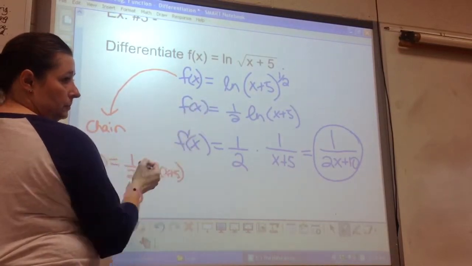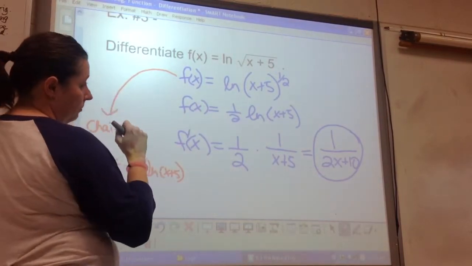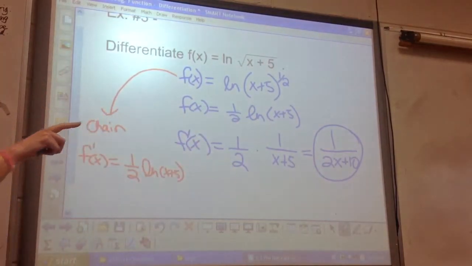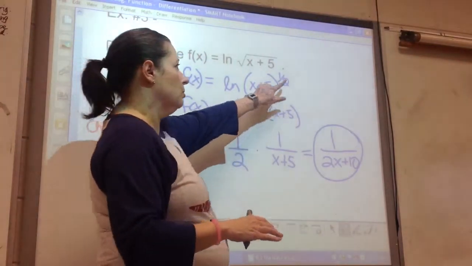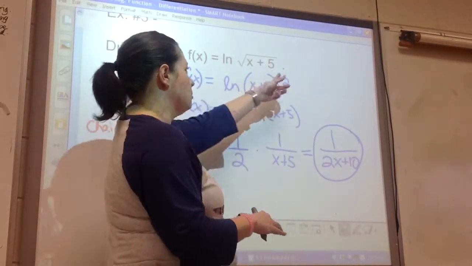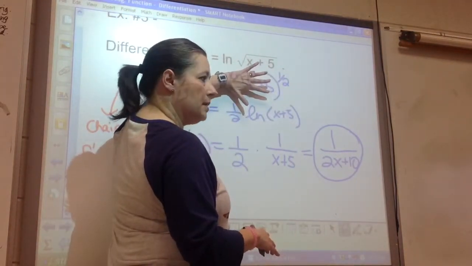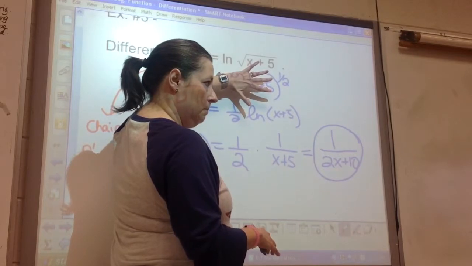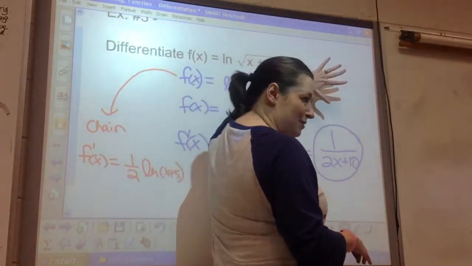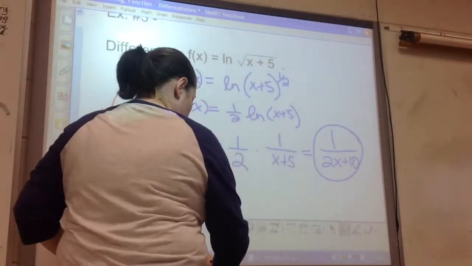I thought we'd just leave off the ln of x. Here's the issue, and this is probably the answer to this question. Because in chain rule, you drop it down, you subtract 1, and this stays the same. Then you times the derivative. That answers our question.